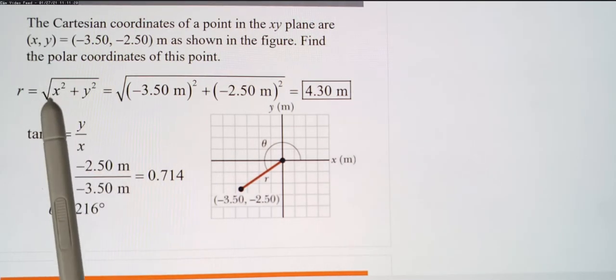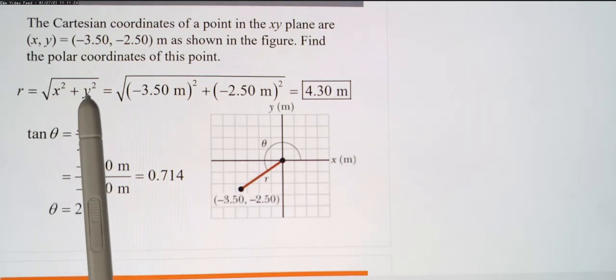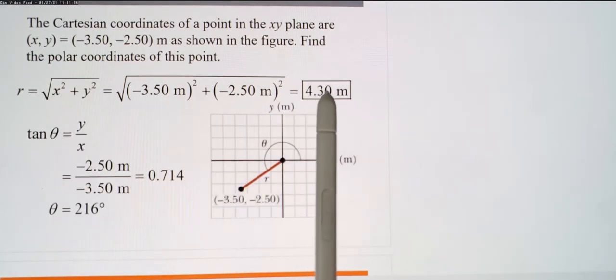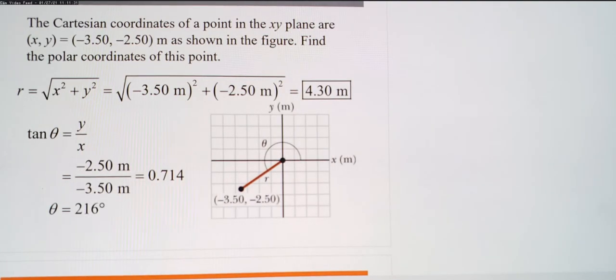Straightforward. The length of R is the square root of x squared plus y squared. It will give you 4.3 meter. And here is the point. Tan theta is equal to y over x.